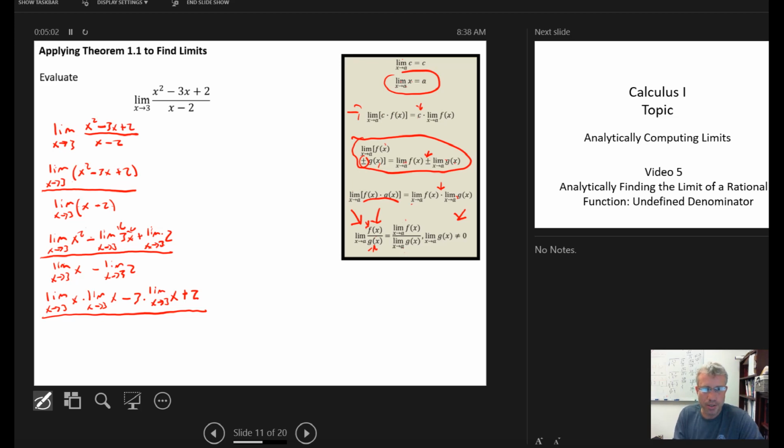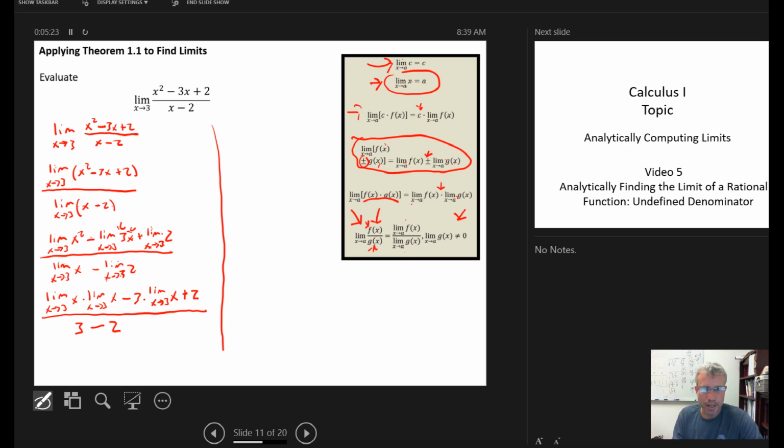So the limit as x goes to 3 of x is just 3. Minus, I have the limit as x goes to 3 of 2. This is the limit of a constant, so you just get the constant 2 using this tool. Now we want to keep working through.